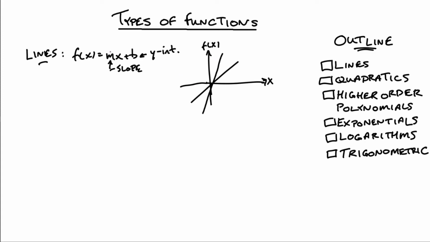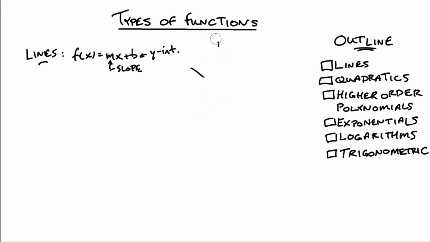So if m was negative, then you would have a line that looks something like this. And the value of the vertical intercept, exactly how it sounds, controls at what point this line crosses the vertical axes. And that should cover enough to get you started with lines.